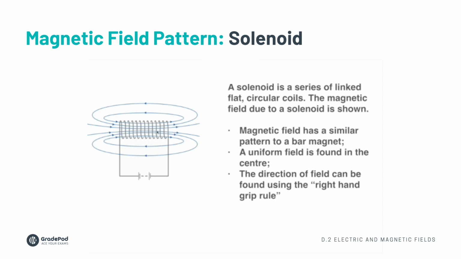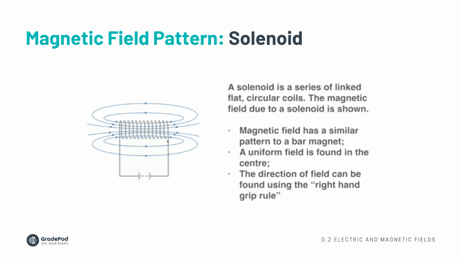If you look at the magnetic field line patterns of this solenoid, you see that the magnetic field lines come out of one side, loop around and into the back, and ultimately they loop around back towards it again. In fact, this pattern looks a lot like a bar magnet, except for in the centre, where we can actually experience the magnetic field in here.